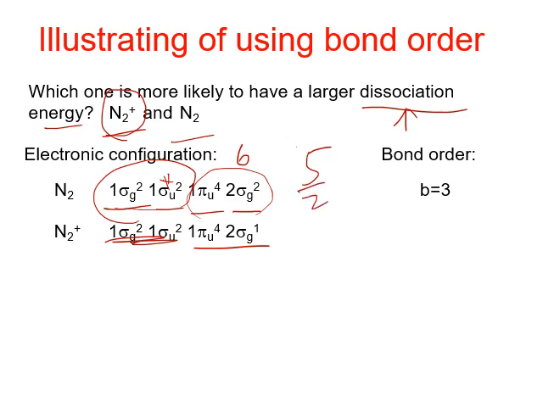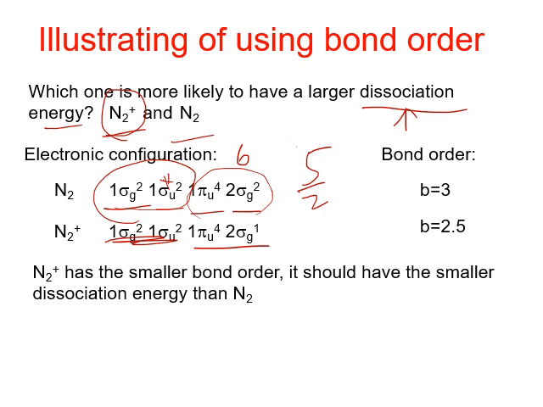So divide by 2, that gives you bond order 2.5. So the bond order decreases, and that means the stable bonds decrease, and therefore we would expect that the nitrogen molecule has a larger dissociation energy, and N₂ plus has a smaller bond dissociation energy. The bond order is smaller.